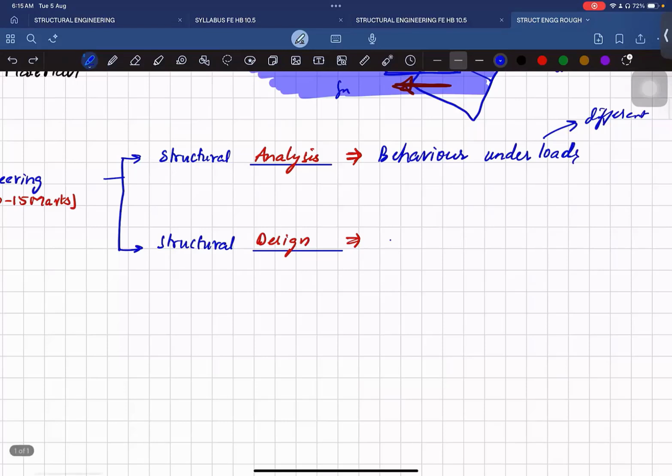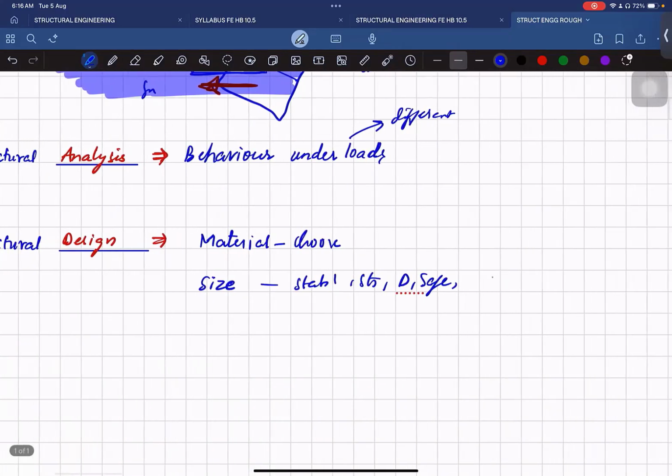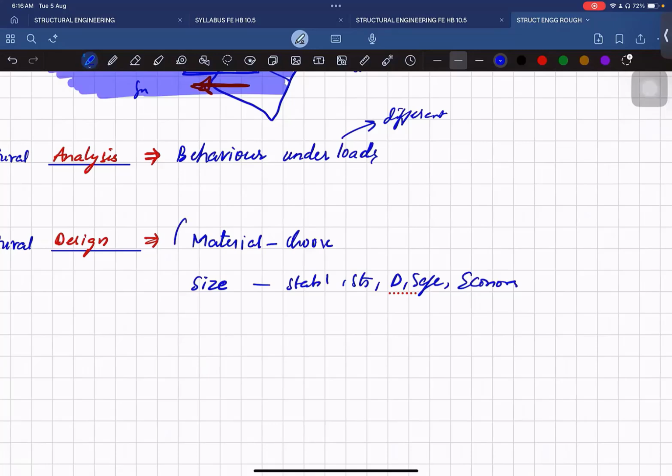So here, we choose which material will be safe, economical, durable, and so on. And what is the size of the material to pick so that again it will be stable, strong, durable, safe, economical. There are like 5, 6 factors. So this is the difference.